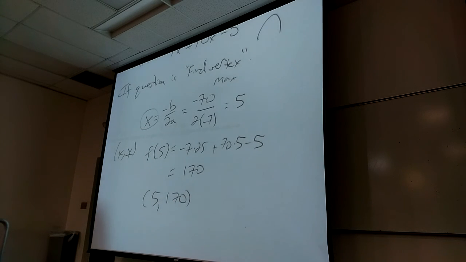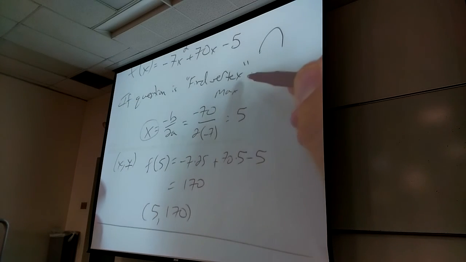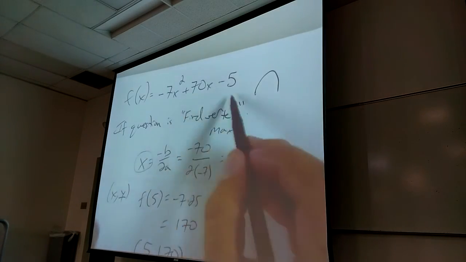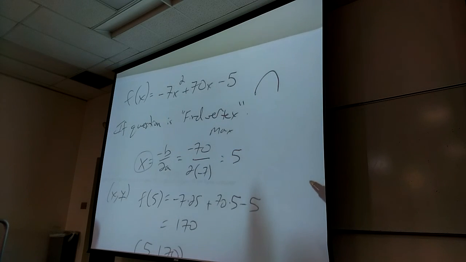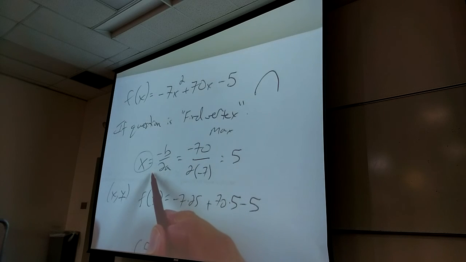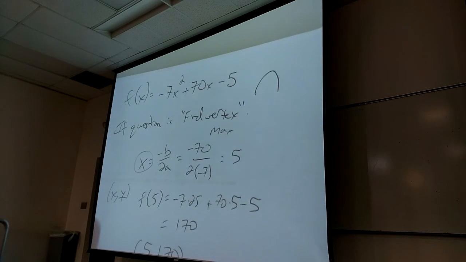Alright, now, before we leave this. If I just say find the vertex, do not complete the square. That is a shortcut. We call it a shortcut for a reason, because it cuts past all the stuff in the middle.